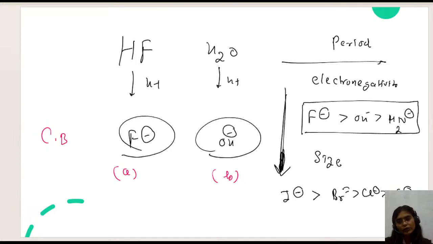So what could be the reason? Down the group, the negative charge has more space, or you can say the charge is spread. But in point number one, you have to go with electronegativity, because electronegativity plays a very important role here.